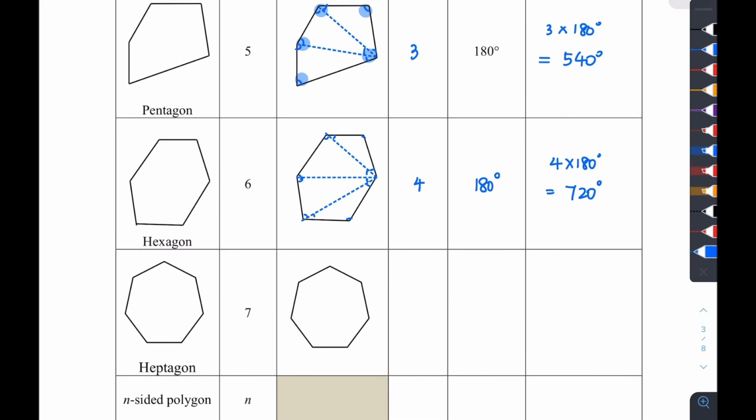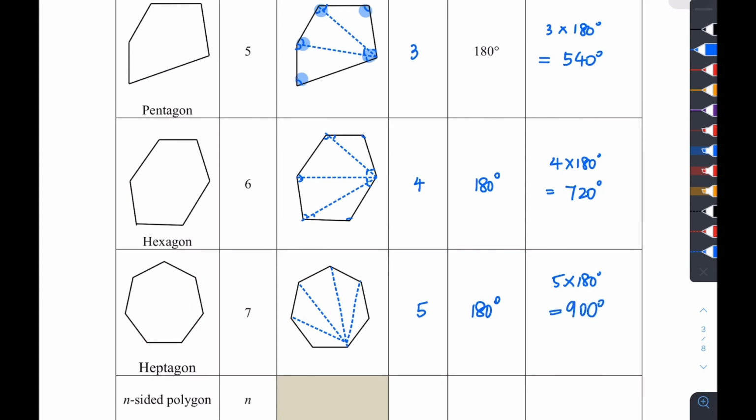And for the heptagon, as you can expect, it's going to be the same. We have 5 triangles, 1, 2, 3, 4, 5, and in each triangle the sum of angles is 180. So 5 times 180, we get 900 degrees.